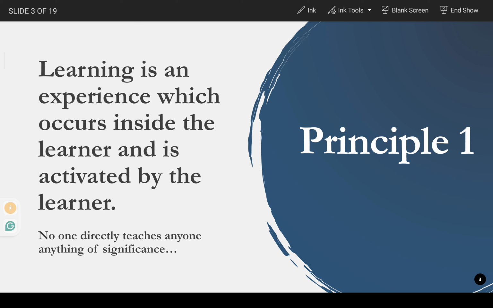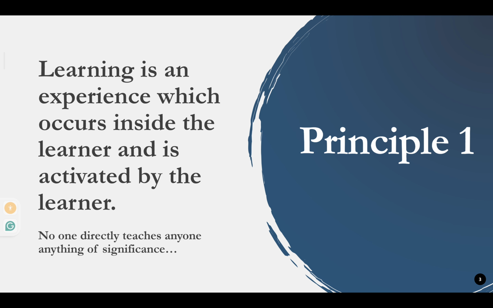So, the first principle is this: learning is an experience which occurs inside the learner and is activated by the learner. So the process of learning is primarily controlled by the learner and not by the teacher. Learning is not only a function of what a teacher does to or says to or provides for a learner.